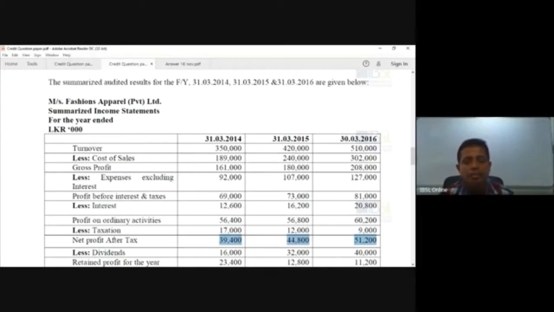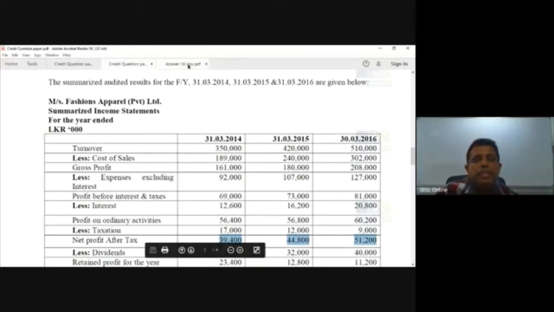That is the last profit for the entity, right? Don't take the last item since the heading is income statement. Don't take that, right? Net profit after tax is the profit for the year. I took 39,400, 44,800, and 51,200, right?